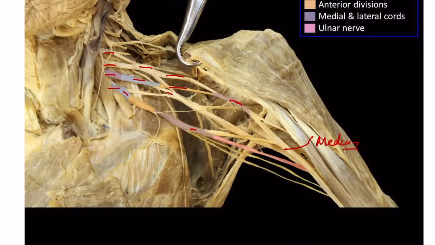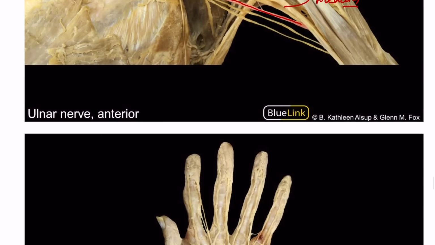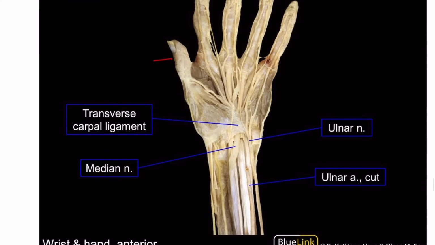That's the median nerve, and that is the ulnar nerve going all the way down, just behind the medial epicondyle. And on this one as well, distally, this is the thumb, that means this is lateral and this is medial. That's the median nerve on this side, and as you see, it's going all the way up to the thumb.